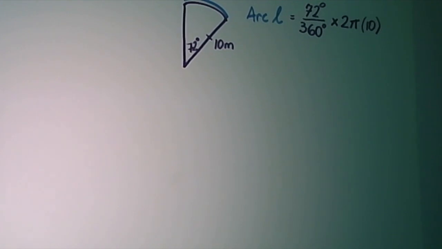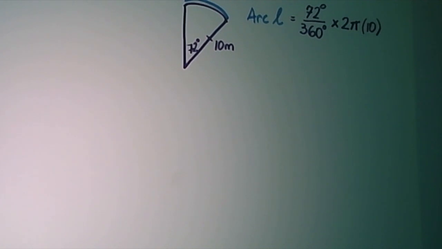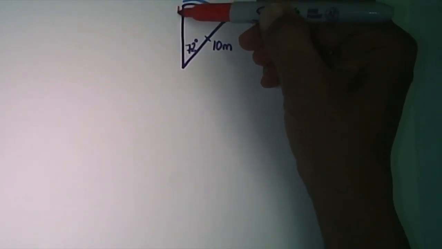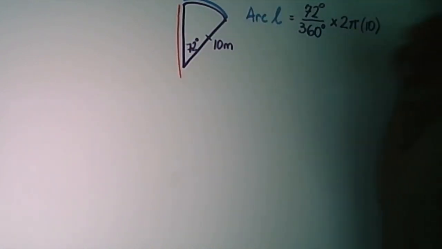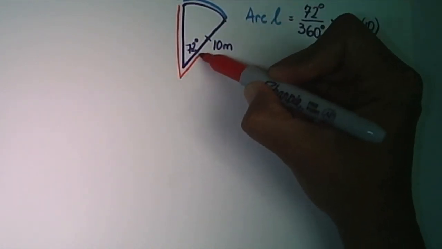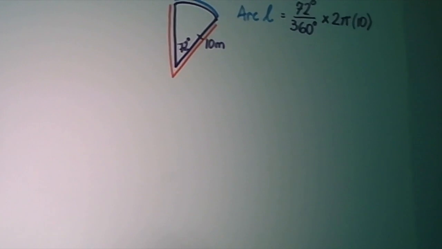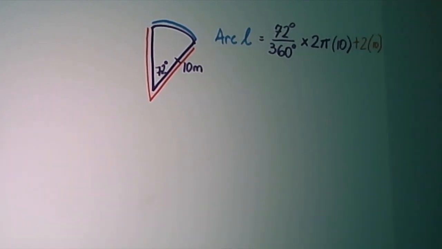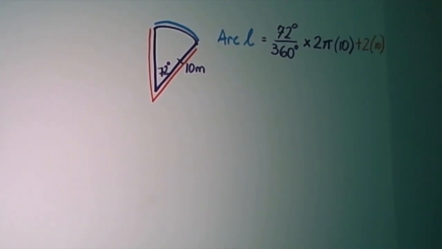So if I look at that space, I'm going to be given the arc length, but that's not the entire perimeter. In order to find the perimeter, there's 2 more things I'm going to need, isn't it? I'm going to need to add the length of that radius and the length of that radius. So do you understand when I say, I'm going to say plus 2 times those 10 meters, right?